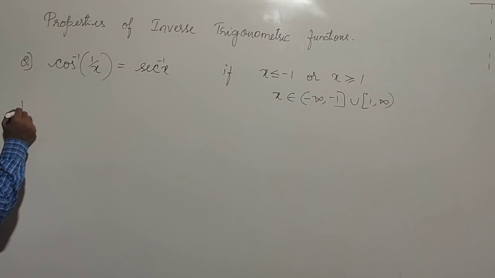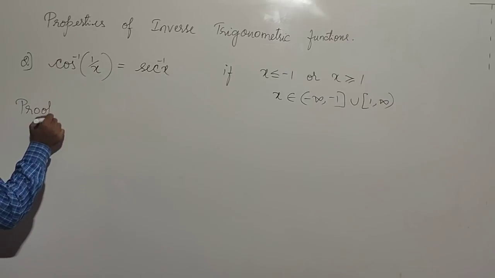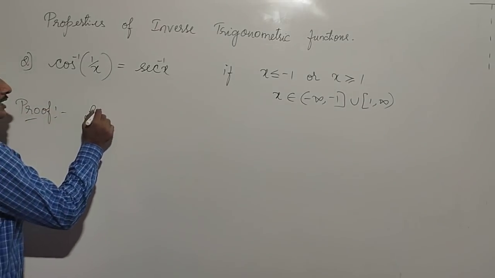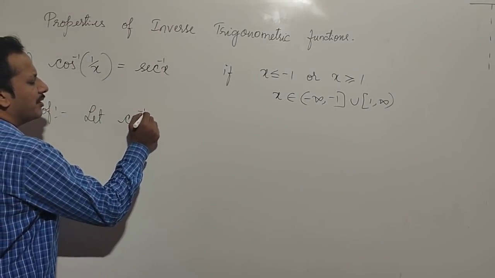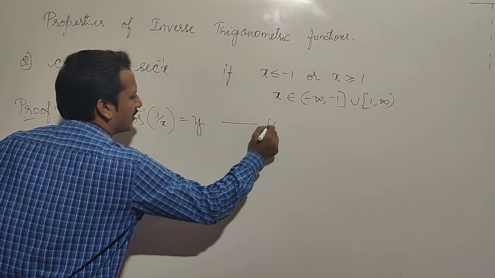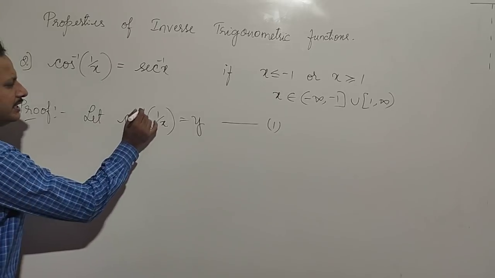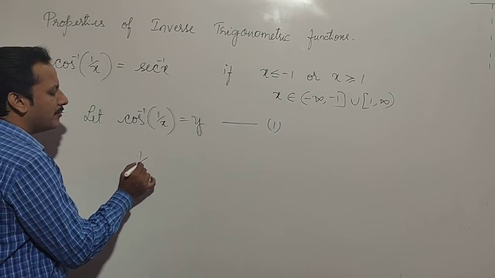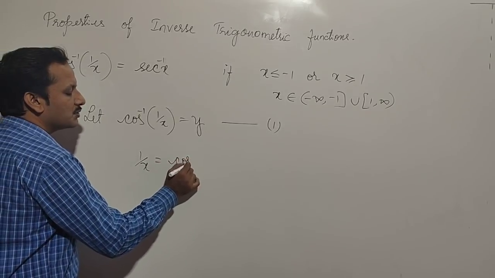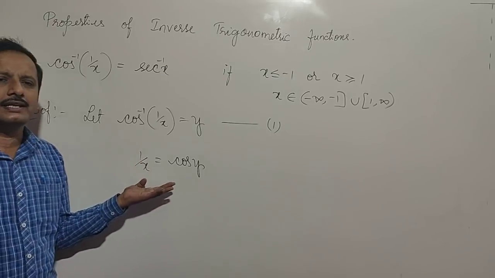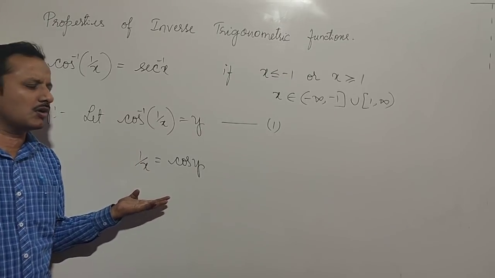Proof is very similar to the previous proof. Let cos inverse of 1 by x be equal to y. Let this be equation 1. Now, by definition of cos inverse, cos inverse of 1 by x equal to y will imply that 1 by x is equal to cos y.